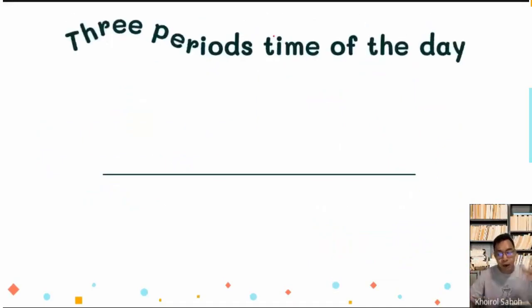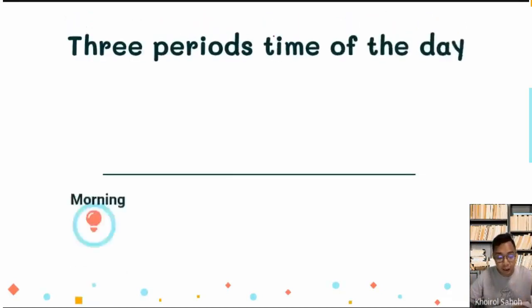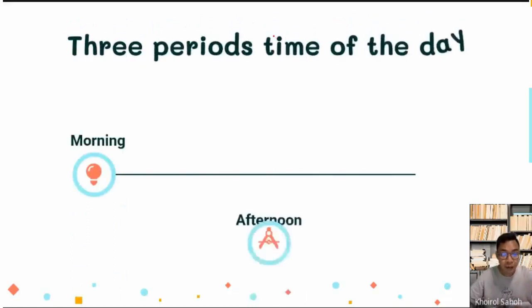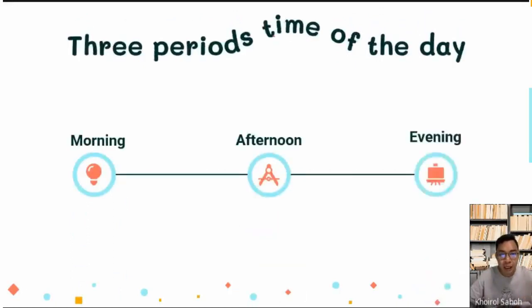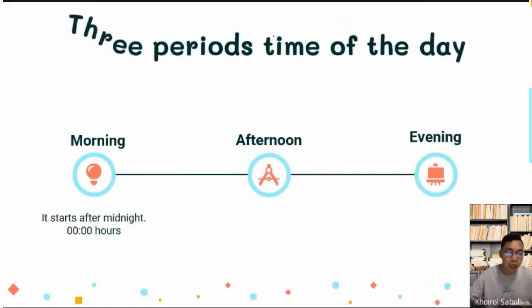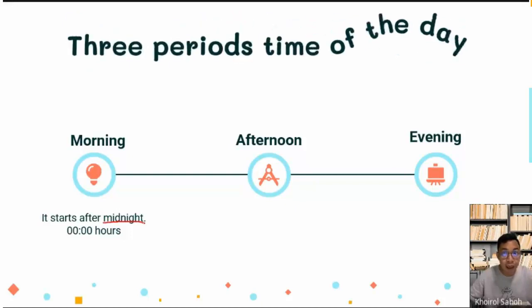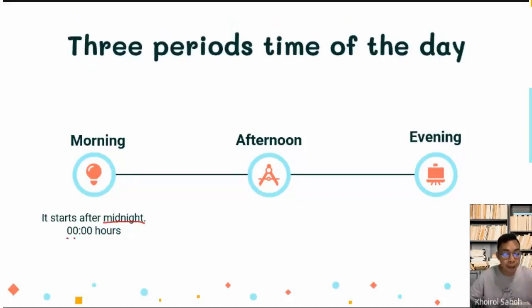Every day we've got 3 periods of time of the day. First one is morning, second one is afternoon, and the other one is evening. So the morning starts after midnight.